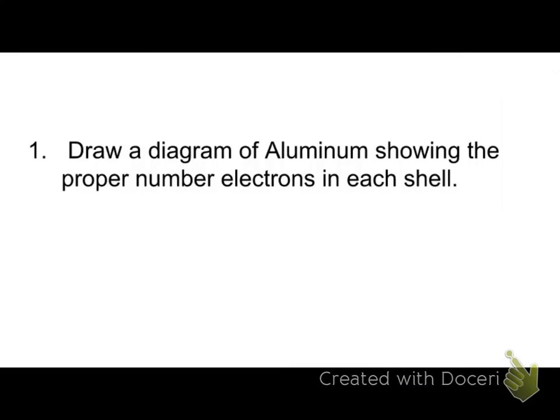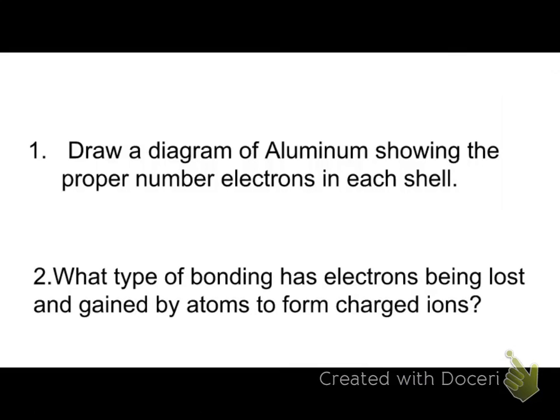Second thing I want you to do is to give me the term that represents the bonding that has electrons being lost and gained by atoms to form charged ions. So what bonding involves atoms losing and gaining electrons?